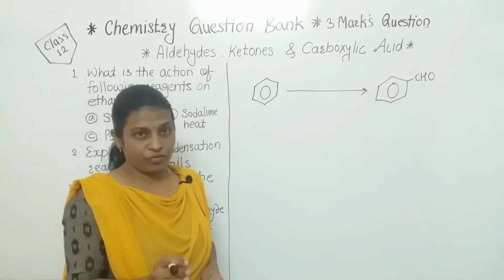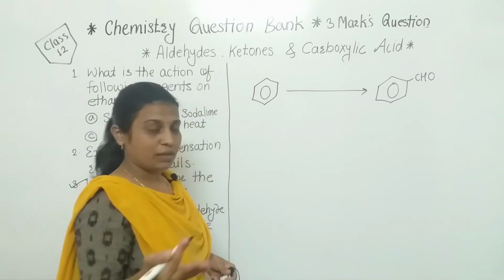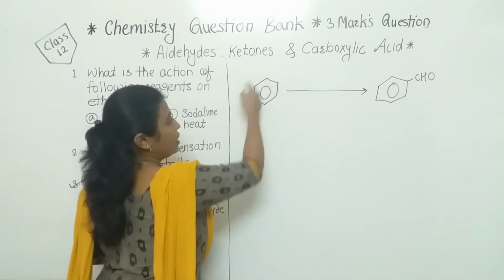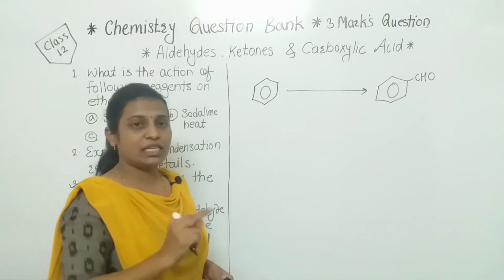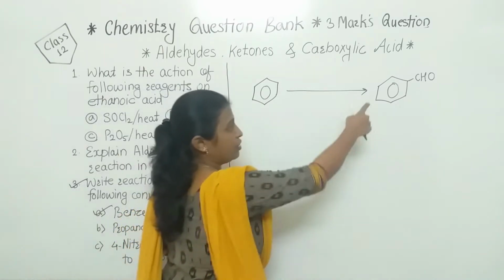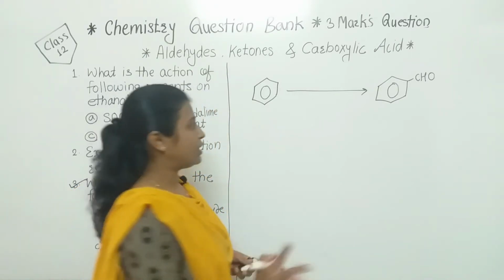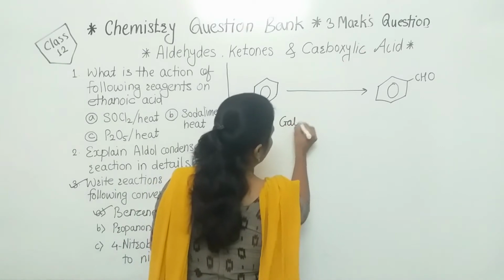There are a number of ways to convert, because if we are increasing the steps, then first we can convert benzene into methylbenzene, and after applying the Etard reaction also we can convert into benzaldehyde. But in one step also we can write, and that is the Gattermann-Koch reaction.